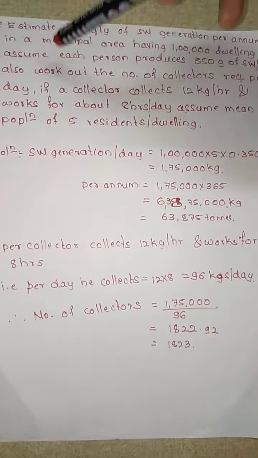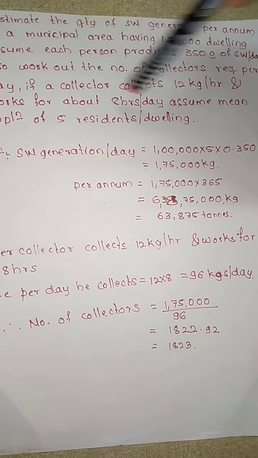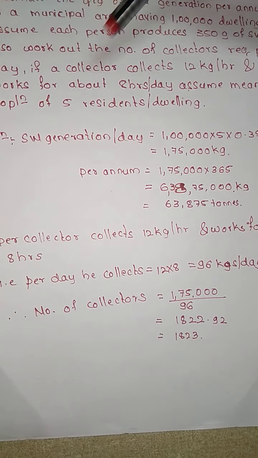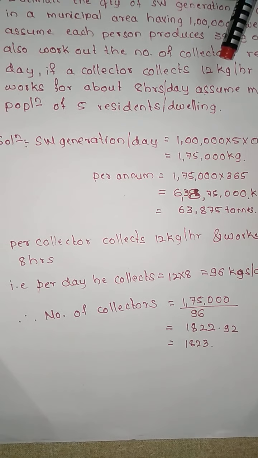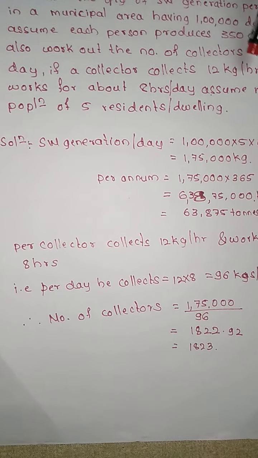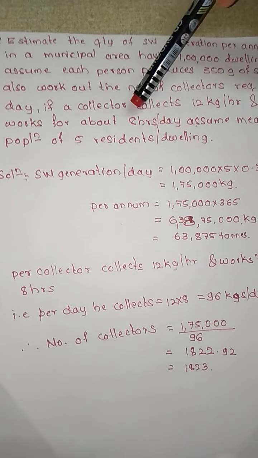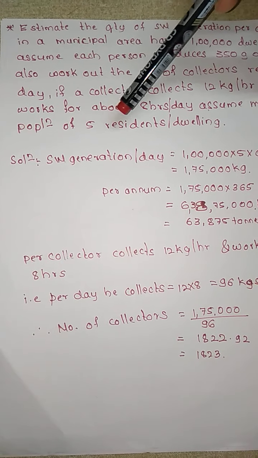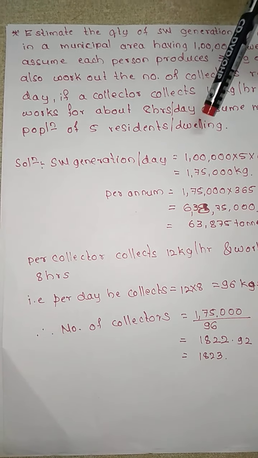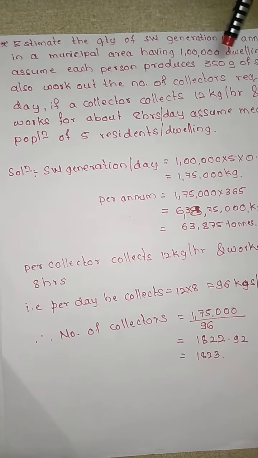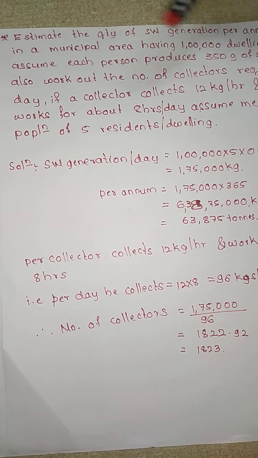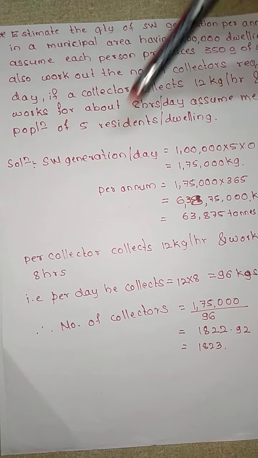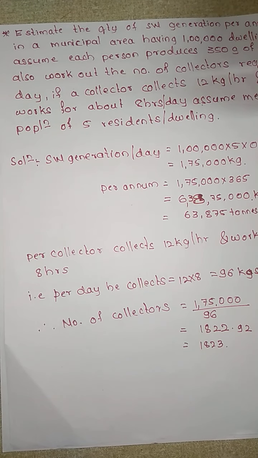Also determine the number of collectors required per day if a collector collects 12 kg per hour and works for about 8 hours per day. Assume a mean population of 5 residents per dwelling. So in 1 lakh dwellings we have 5 residents each, and each resident generates 350 grams of solid waste.